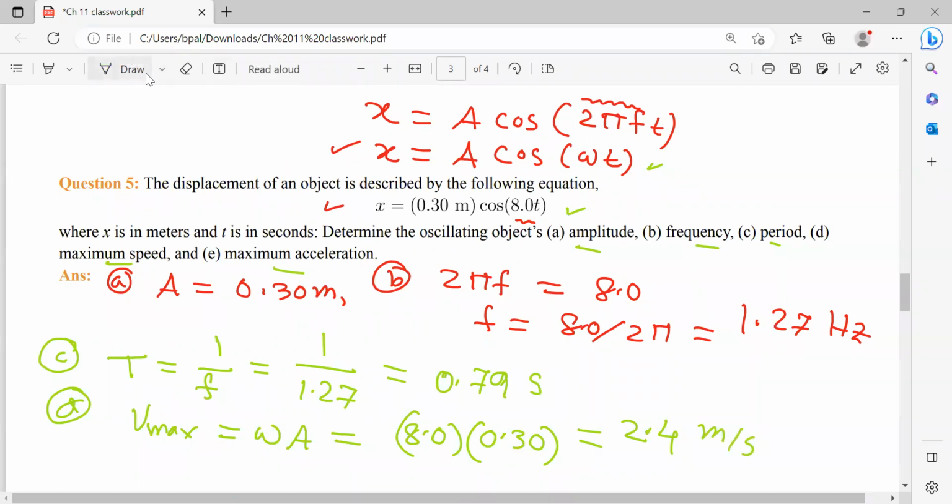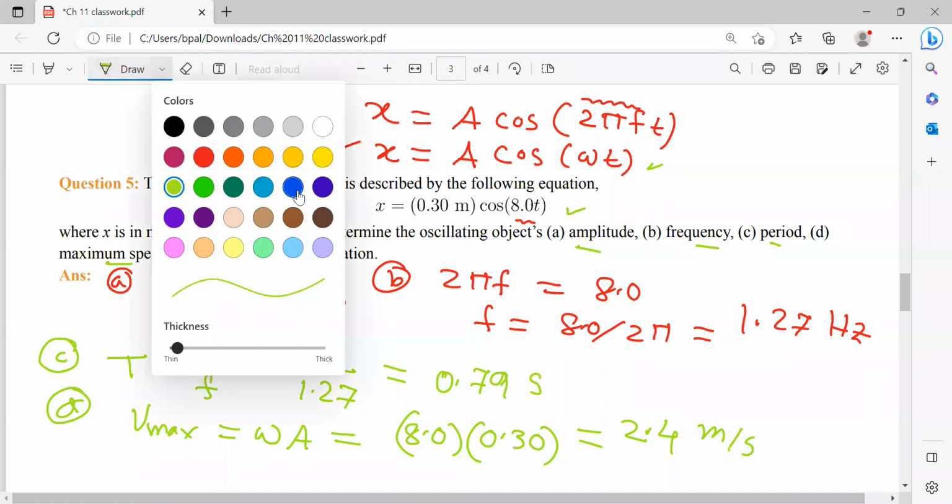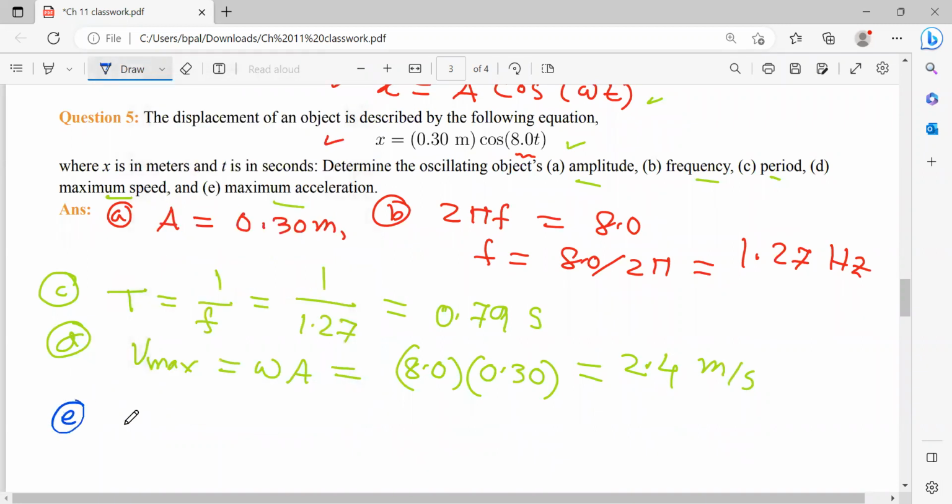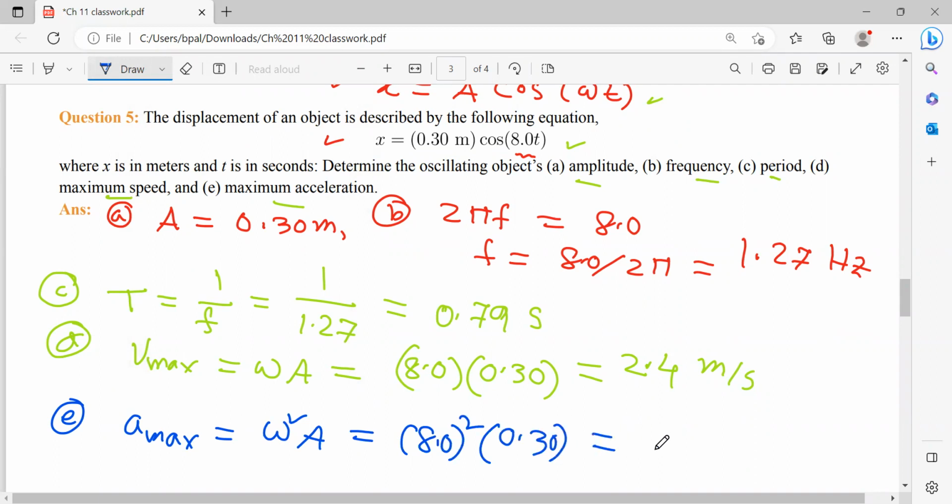And then E, maximum acceleration is equal to omega square A. So that is 8 square times 0.30, and that is equal to 19.2 meter per second square.